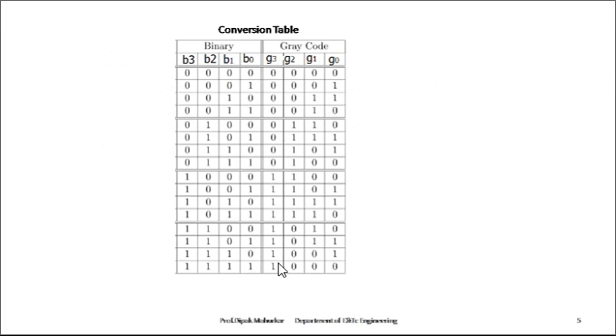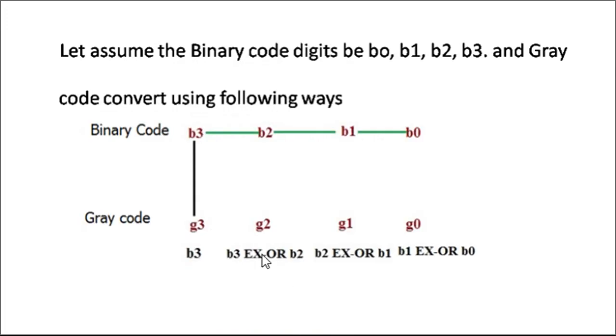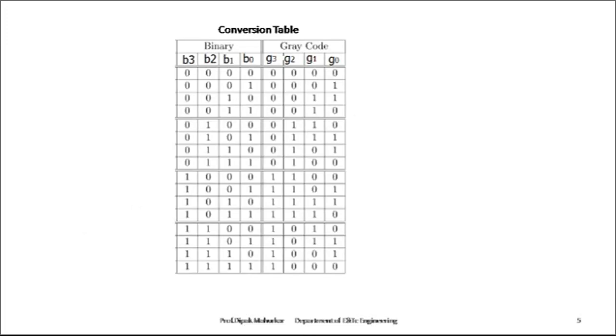As per our previous rules, G3 you can mark as the B3 value. G2 is an XOR operation, B3 XOR B2. In the table, the G3 column is marked as it is, the value of B3.